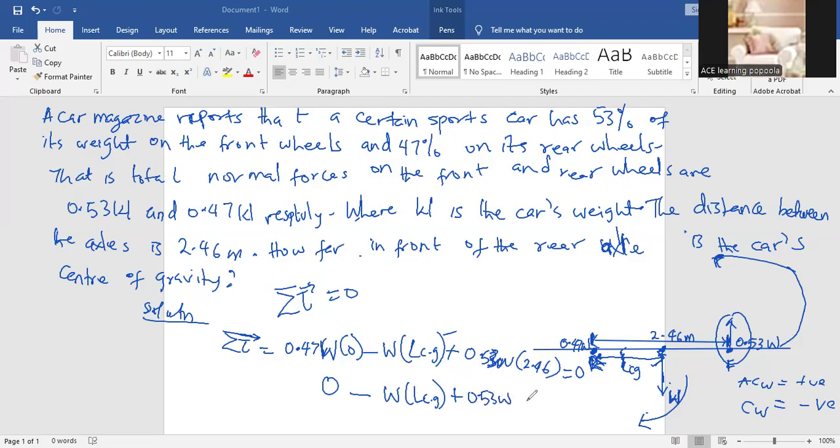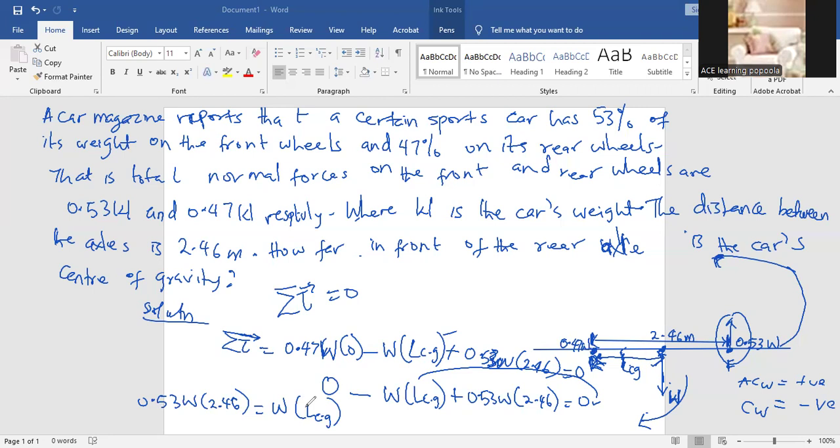If we take this over to the other side, we now have 0.53 W times 2.46 equal to W LCG. Remember, this LCG is where the new center of gravity will be.